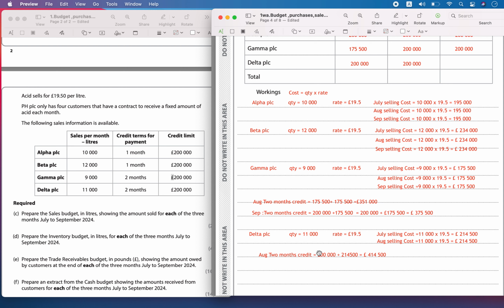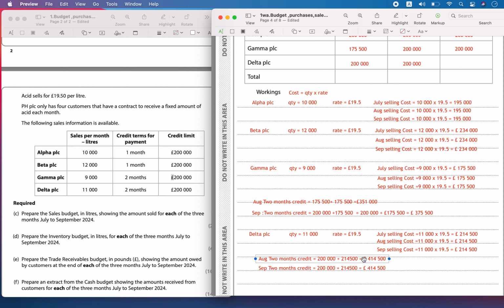Okay, now for the month of September, with 2 months credit, let's calculate what happens. In the previous month they would have to pay 200,000, and then in this month the sales will be the same, 214,500 for the September month.